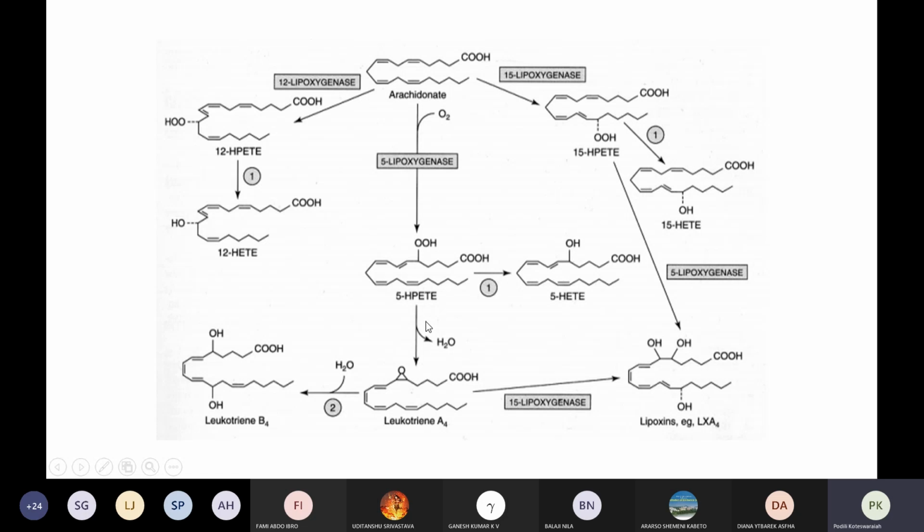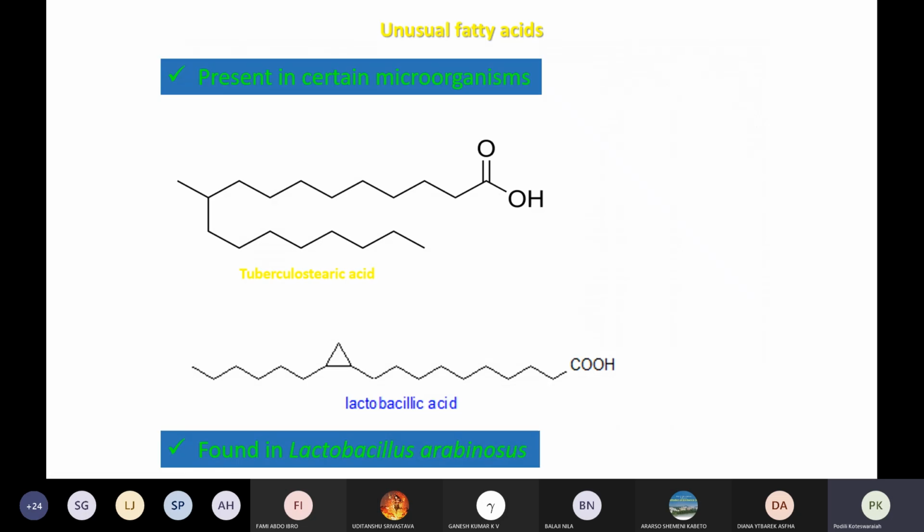All these are local hormones. They have various functions in the human body. So, in addition to these fatty acids, there are some unusual fatty acids present in certain organisms. Those are branched chain or ring containing fatty acids. For example, tuberculostearic acid is mainly present in microorganisms, whereas lactobacillic acid is found in certain lactobacillus organisms.